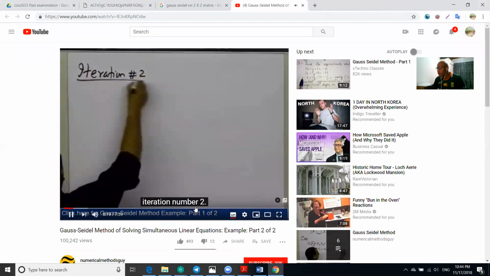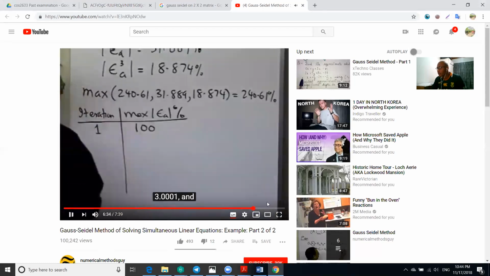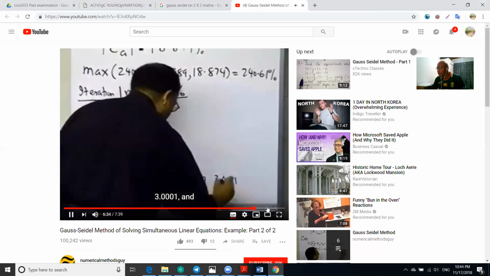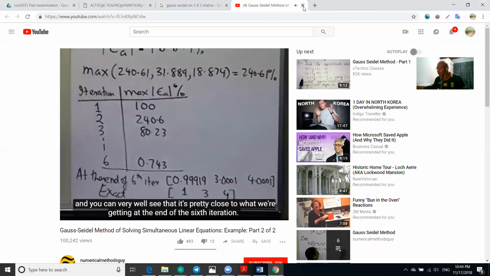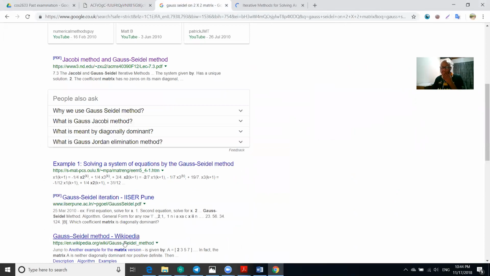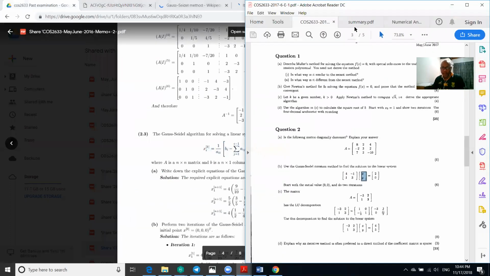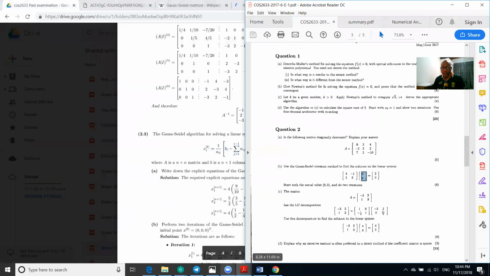Nope, too easy. Okay, what should we do? Should we move on? Yeah, we should. I'll try to find solutions to this and send them to you before the end. Next question. At least we know the Gauss-Seidel method, even though we don't know how to do it in this case.